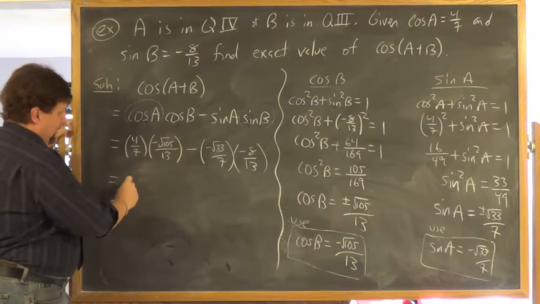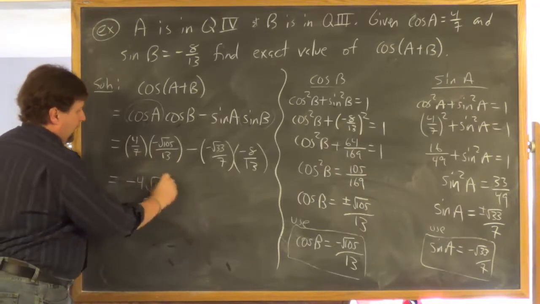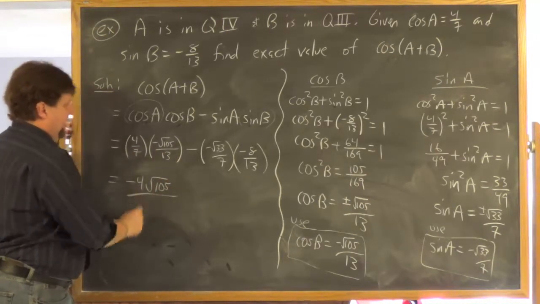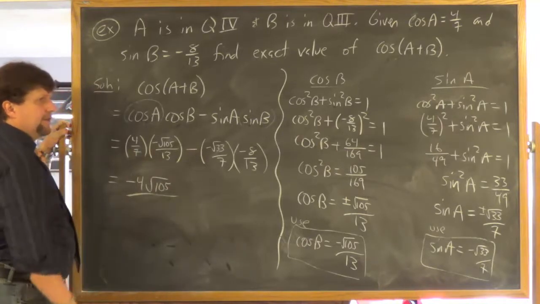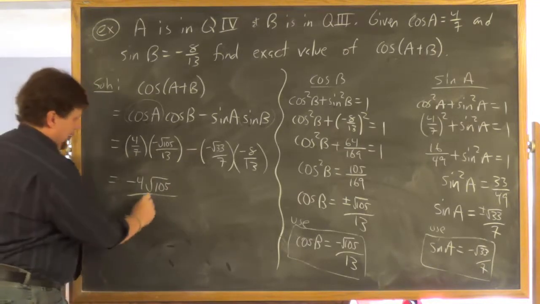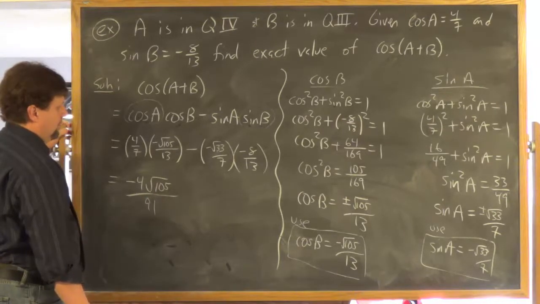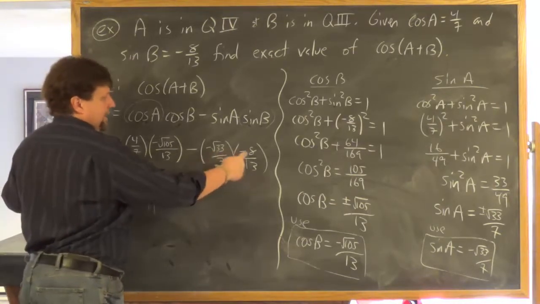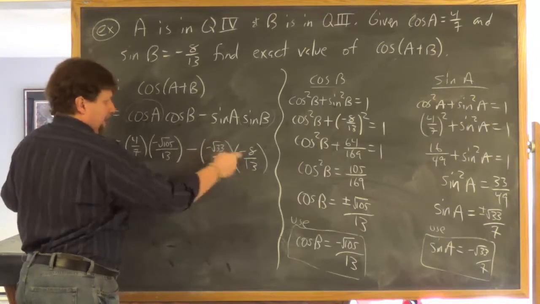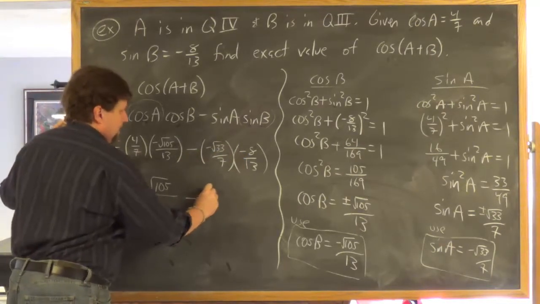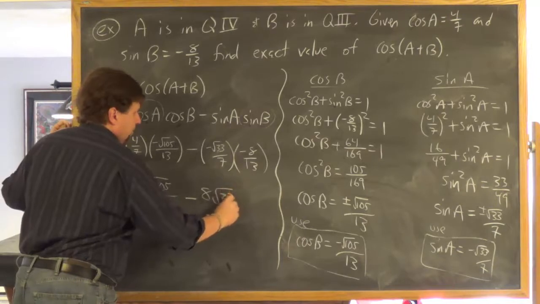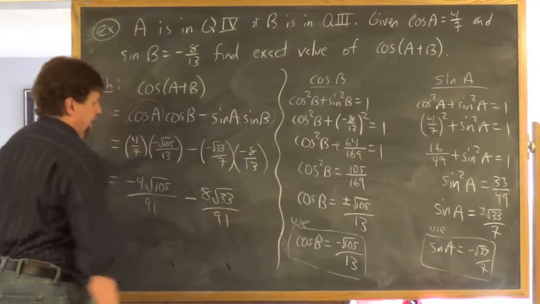If we multiply these fractions together, we get negative 4 times the square root 105 over, let's see, 7 times 13. Is that like 91? Yep. Negative times negative is positive, so I have minus a positive, so minus 8 times square root 33 over 91.